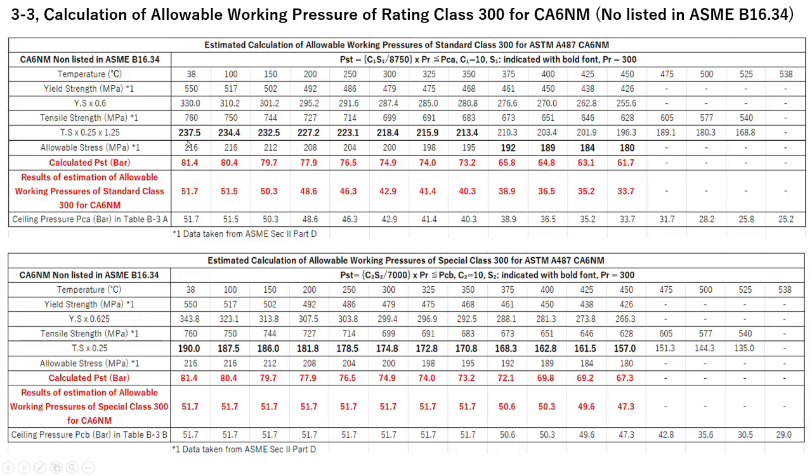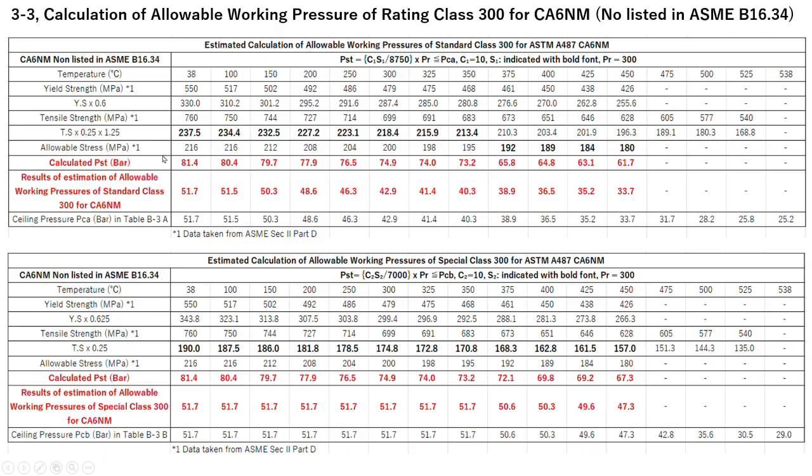So compare the yield strength and tensile strength. The tensile strength value is the lower value indicated. So assign the S1 selected value, indicated with the bold font, up to 350, so 375.